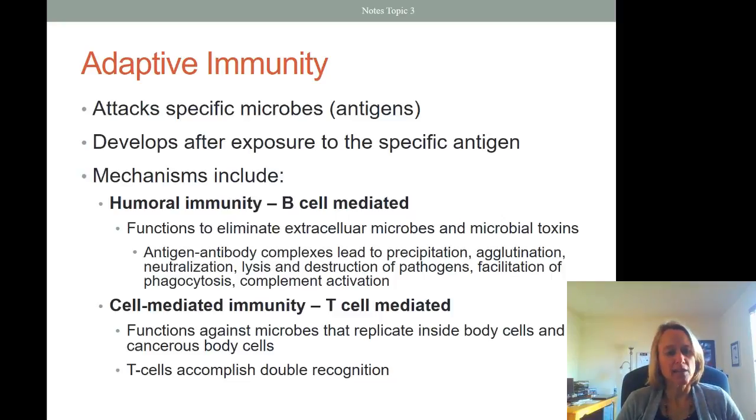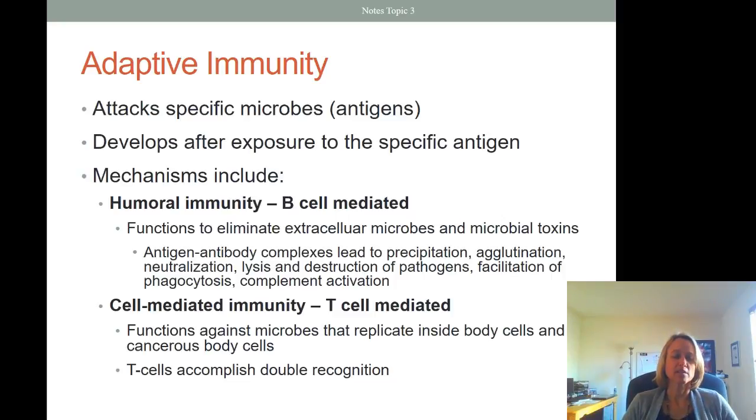The mechanisms include humoral immunity, referring to the body humors or body fluids, and this is mediated by the B cells. And this functions to eliminate extracellular microbes and microbial toxins in the extracellular fluid.